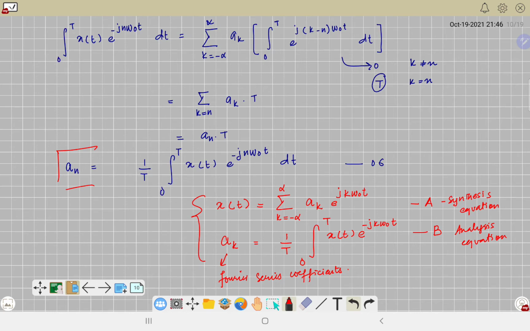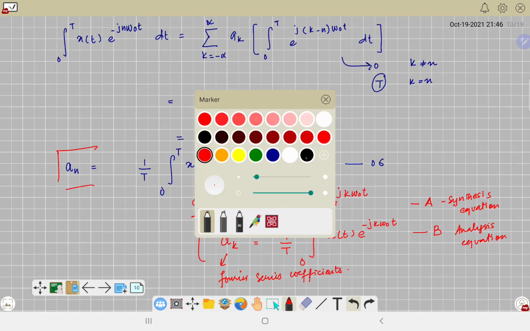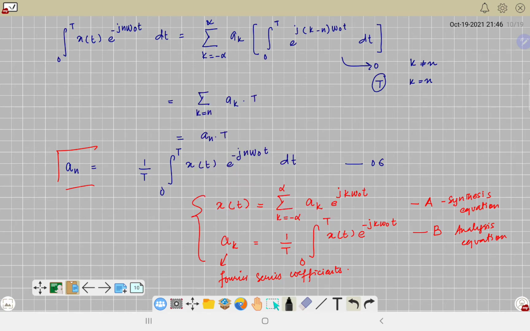Now from here you can also see, if you choose a value of 0, if you want to compute a0, you can simply say a0 is equivalent to 1 by T, you are integrating over the time period T, x of t e raised power 0, which becomes 1.